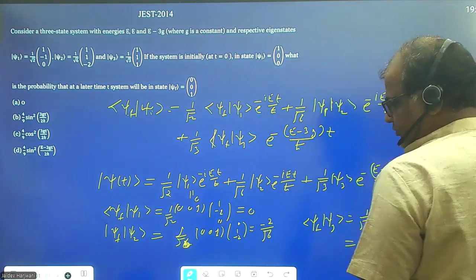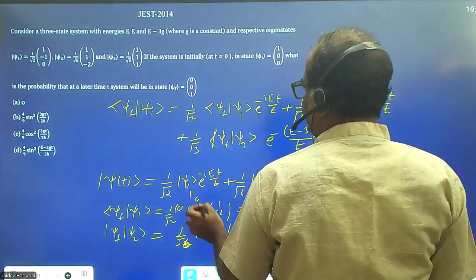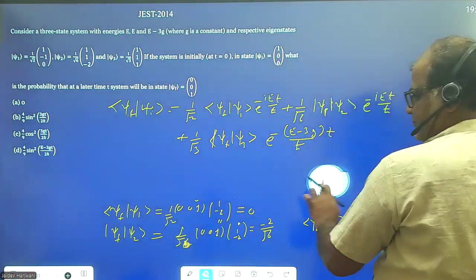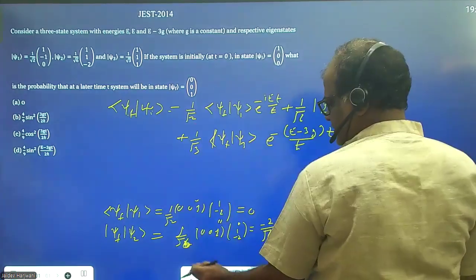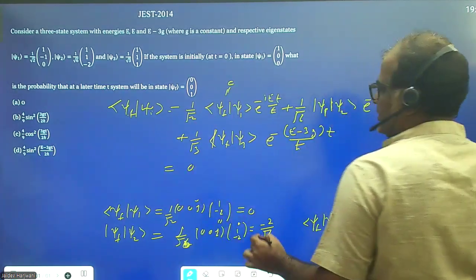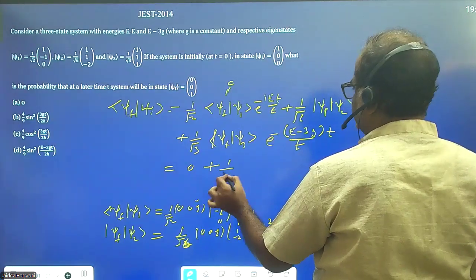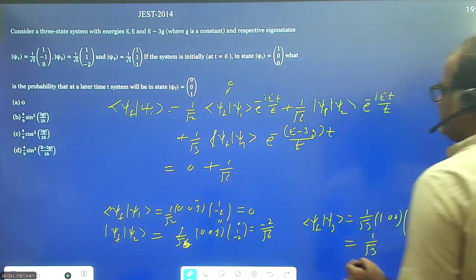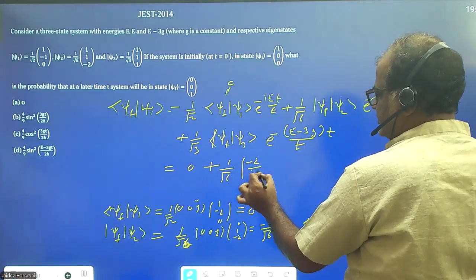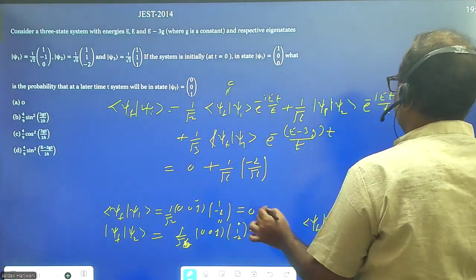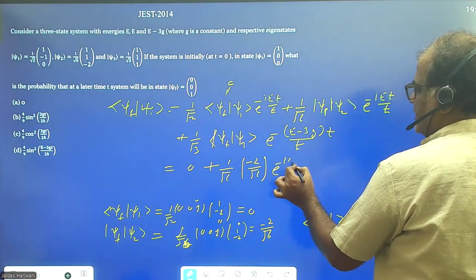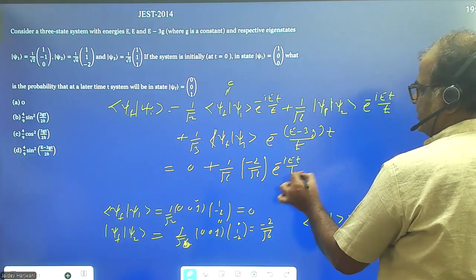So now we just have to use these values that we have calculated. The first term we have already seen is 0. So the first term becomes 0. The second term becomes 1 by root 6 and its value is minus 2 by root 6, and you have e power minus iota E t upon h cut.